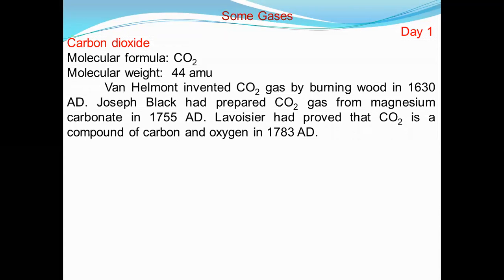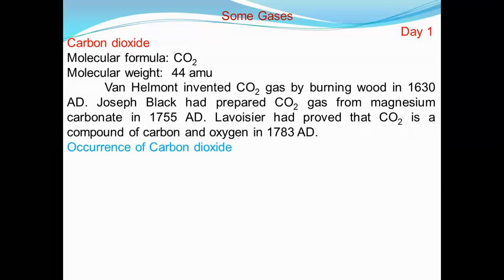After then, Lavoisier proved that the gas is a compound of carbon and oxygen, and he named it according to one atom of carbon and two atoms of oxygen. Carbon combines with two atoms of oxygen, and two means di. So two oxygen, carbon dioxide. So Lavoisier later put its name as carbon dioxide gas in 1783 AD.